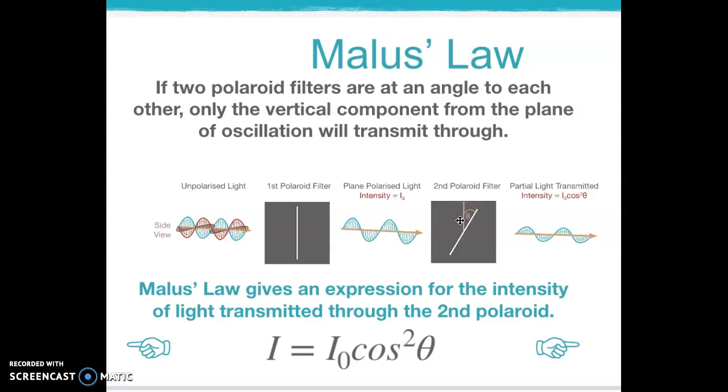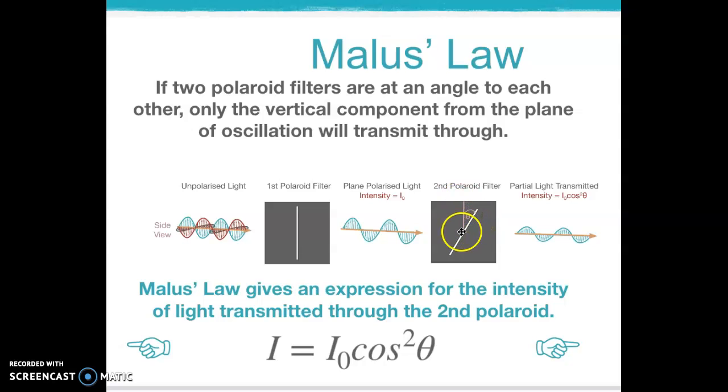Now, Malus's law states that the final intensity is equal to the initial intensity, which is I naught, times the cosine squared of the angle between the first filter and the second filter, the polarizer and the analyzer.